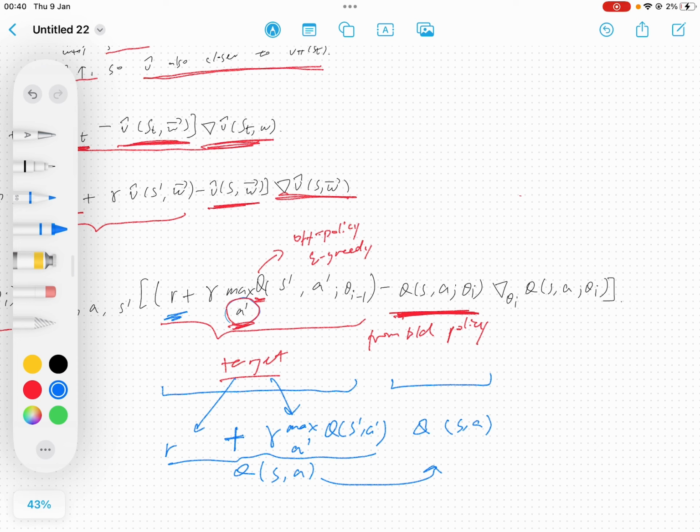So what I mean is that in the target part here, we're just decomposing this into the immediate reward and the sum of all future discounted rewards, right? But from the old policy, the one that we're going to approximate for this Q function, that would be everything that we have, the whole Q that we have here, okay?